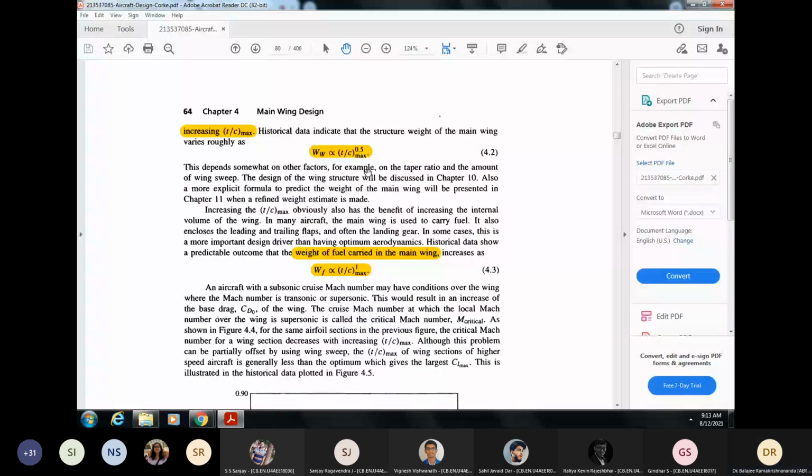But the weight of fuel carried in the wing is proportional to thickness t by c. So this will give you a structural advantage.